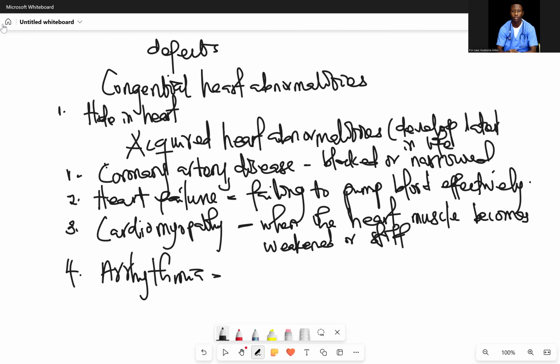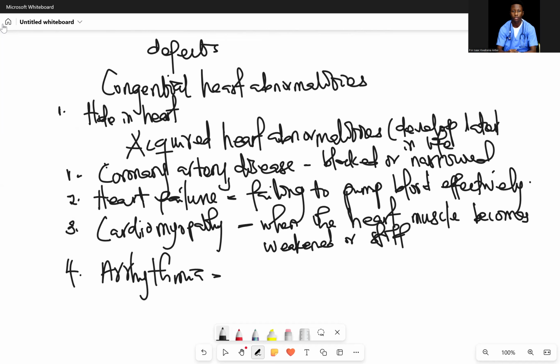Yeah, so this has to do with the heart rhythm. Systole, diastole. You know, boom, when your heart is pumping, I would mean systole, diastole, systole, diastole. Now, when the rhythm is slow or fast or irregular, it's basically abnormal.